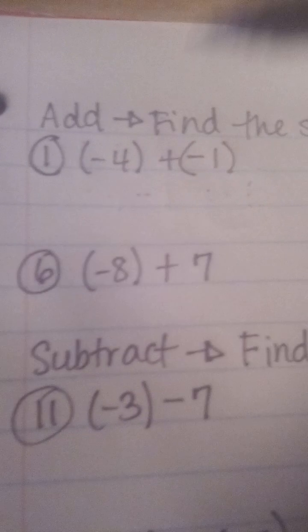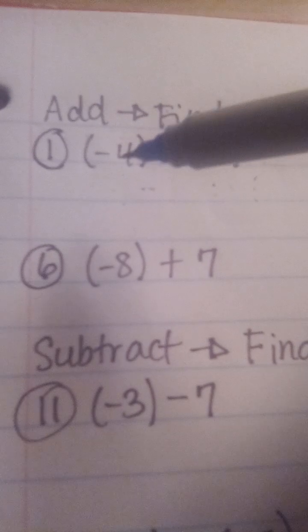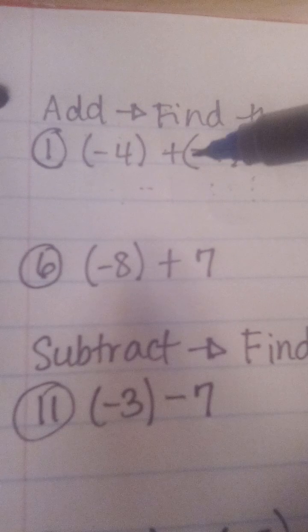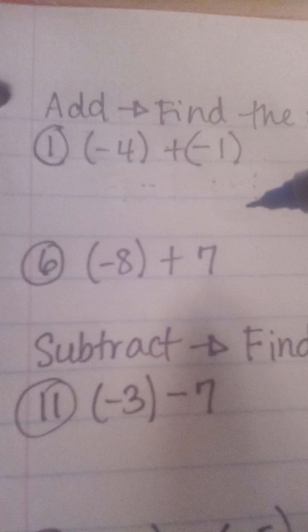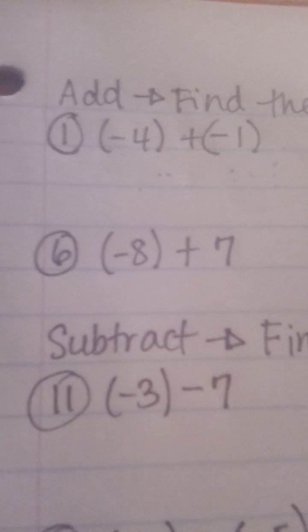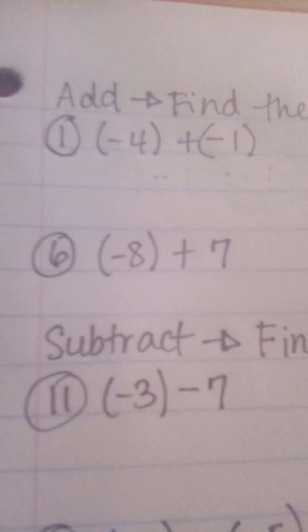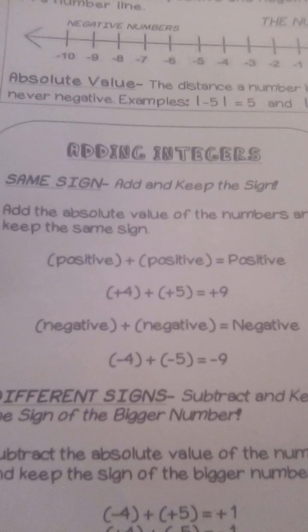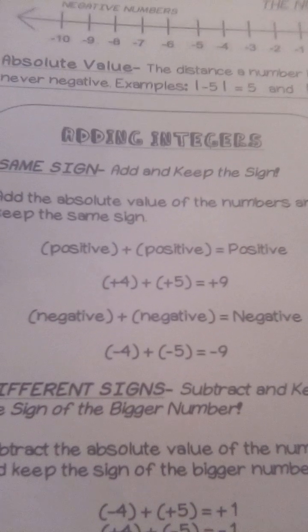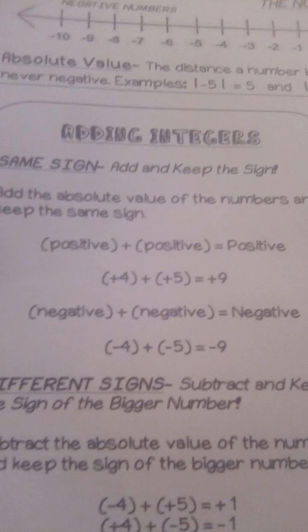So number 1, we see both have parentheses, right? -4 on the left, plus in parentheses -1. Okay, this is so significant. Why is that? I'm going to read something here. It says adding integers. Same sign, add and keep the sign.